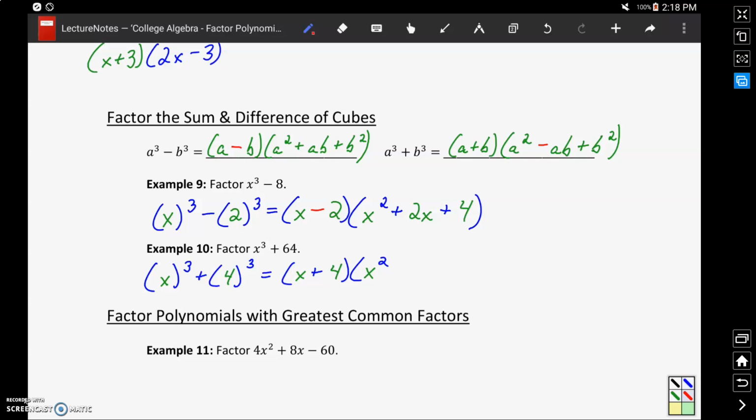And since we have the sum of two cubes, now that minus drops into the trinomial portion of this. So we'll have x squared minus 4x plus 4 squared, which would be 16.